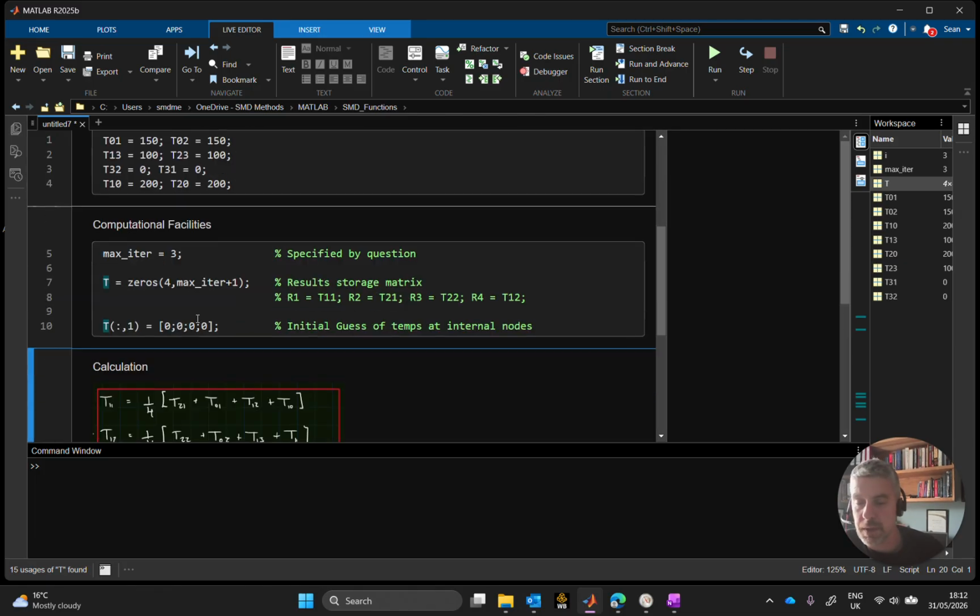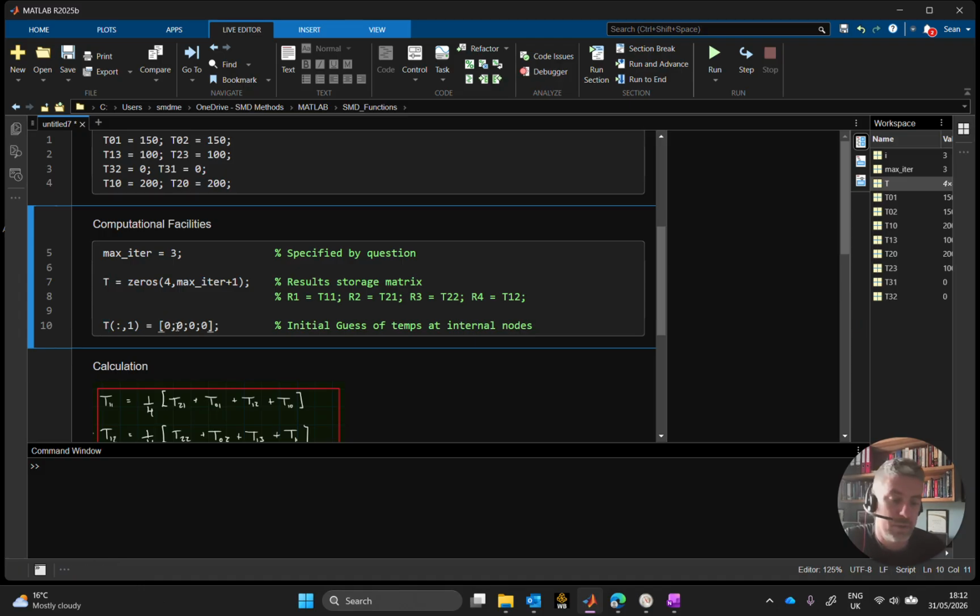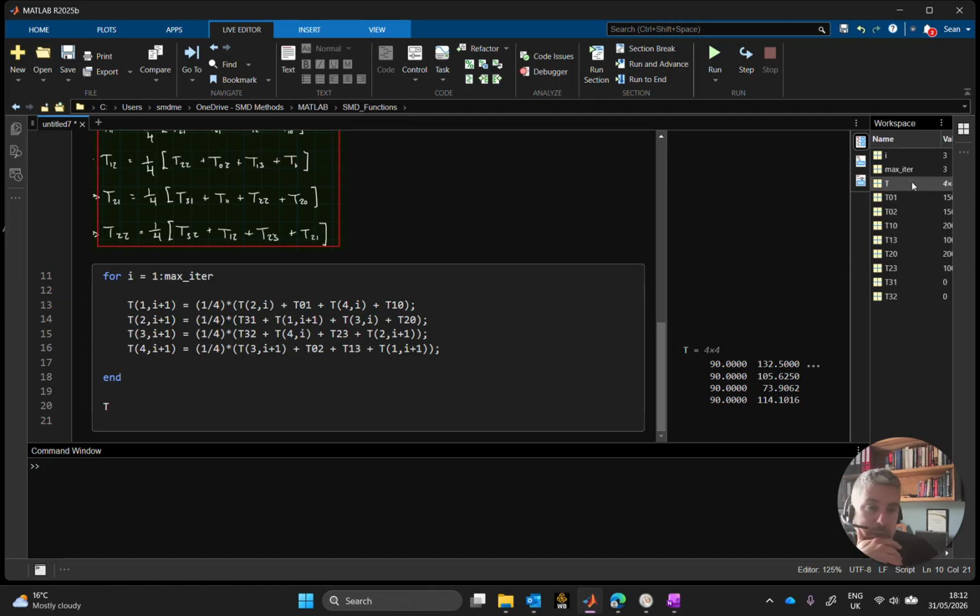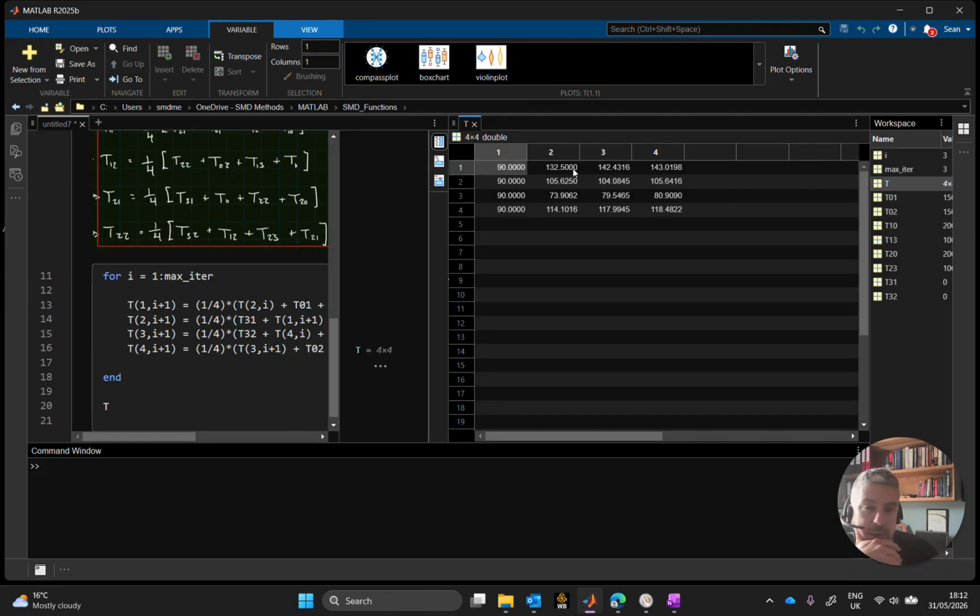If we were to update our initial values here, let's go for all 90s, run that again, and output T one more time, we could see a much quicker convergence here, 142 to 143, 104 to 105, 79 to 80, 117 to 118.